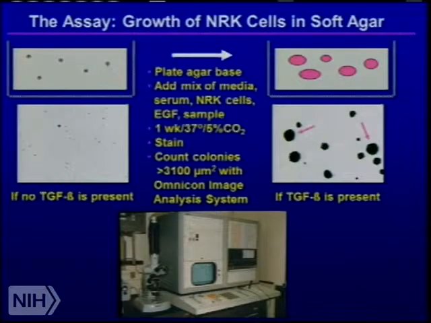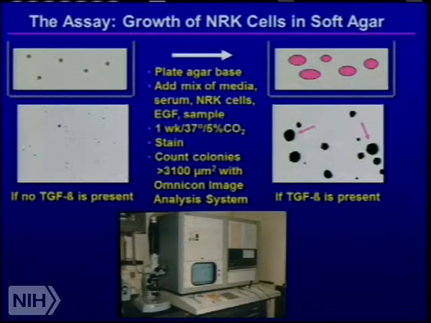So the assay for TGF-beta involved the growth of normal rat kidney cells in soft agar. Typically, a mixture of media, serum, NRK cells, EGF, and the sample was applied to an agar base and allowed to incubate for 1 week at 37 degrees with CO2.